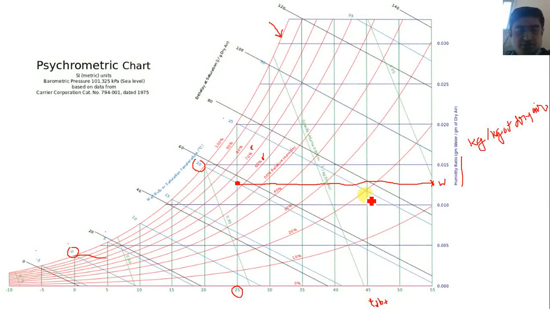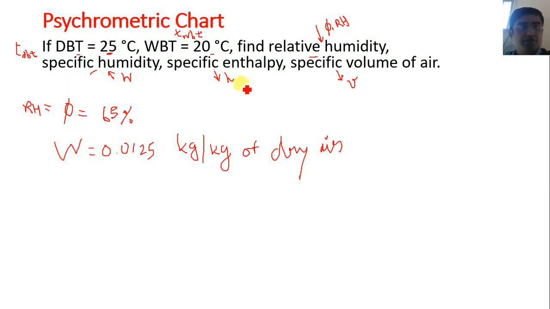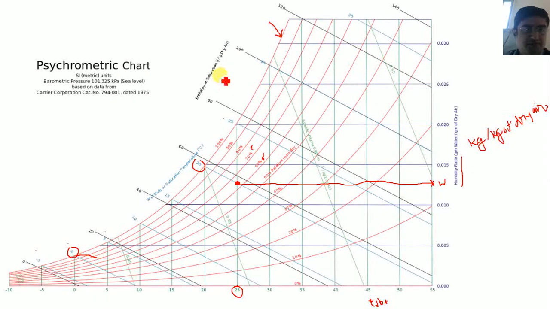And now if you want to find out the value of specific enthalpy, then you have to follow this line, which is intersected over here. Here the value of enthalpy is 40 kilojoule per kilogram, and here the enthalpy is 60 kilojoule per kilogram.